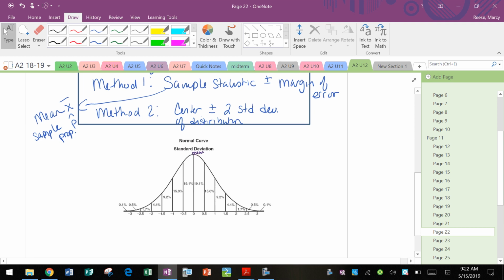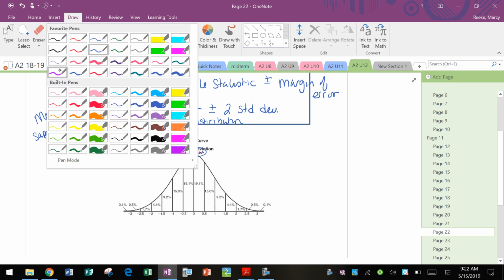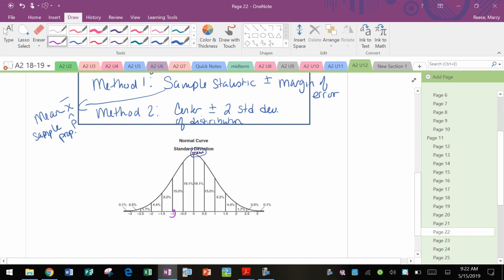Okay, so remember, for a normal curve, here's my normal curve, right? We have the mean up here. And if we are like 1 standard deviation below and above, we're here. If we're 2 below or 2 above, we're here. And that's what we're going to focus on for our confidence interval. This is confidence interval. Remember, it's a range.